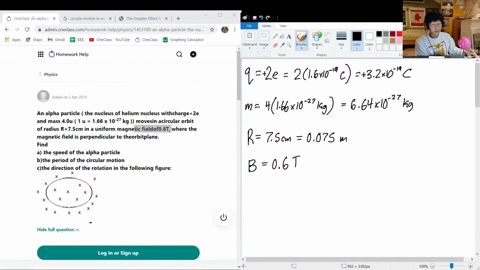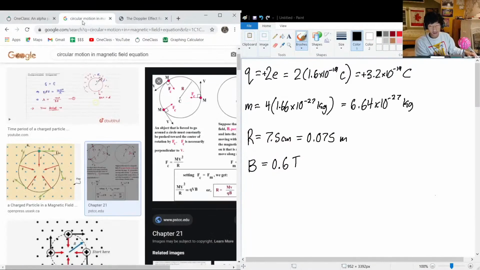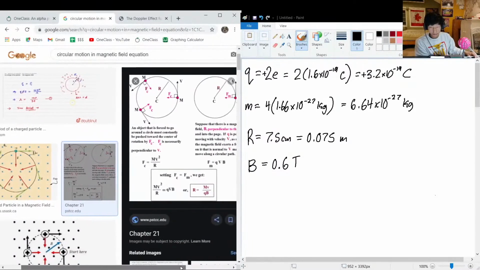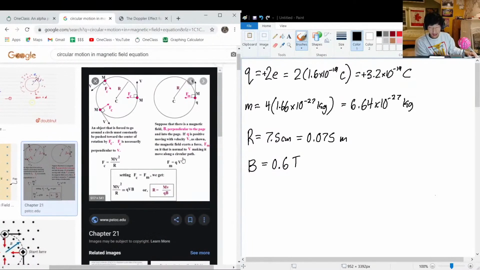Now let's actually look up some more things about the circular motion of stuff, because we know that the force from the magnets, I'll make this a different color to show that they're different things.